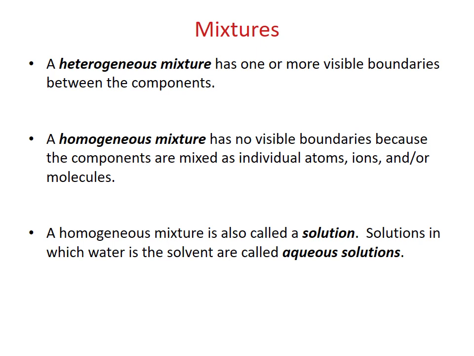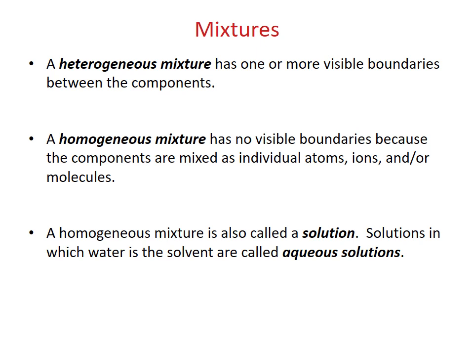A homogeneous mixture has no visible boundary because the components are mixed as individual atoms, ions, or molecules. When sugar is dissolved in water, you get a mixture, but you cannot see the difference, because at the molecular level, there are 2 molecules, water molecule and sugar molecule.